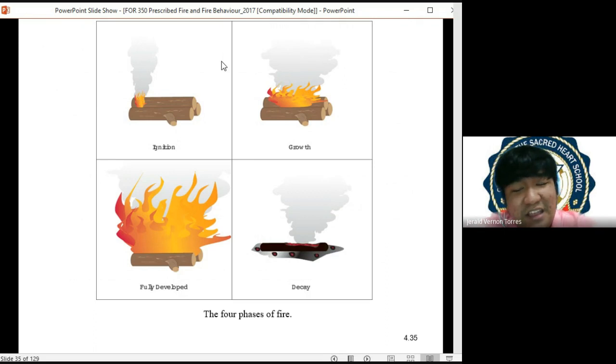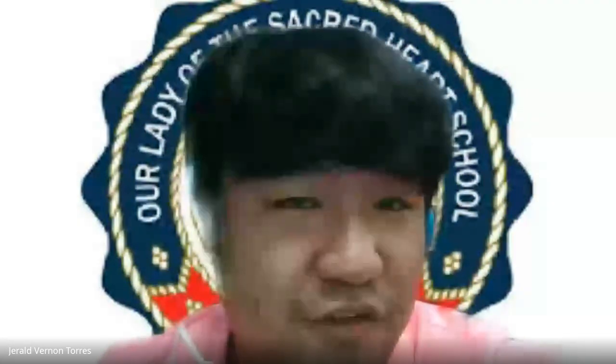Once na hindi natin nakikita yung smoke, meaning fully developed na yung fire at this point, and yun nga, it would end in decay. Sige nga, let's try to identify the stages of house fire. So, let me show you a video that can demonstrate the different stages ng house fire for a while.